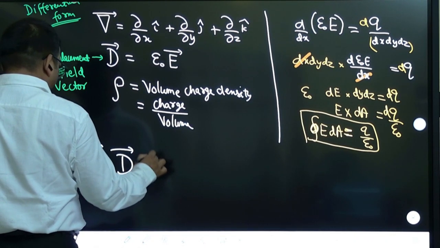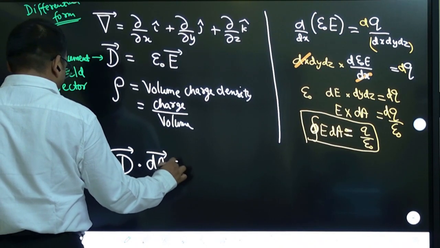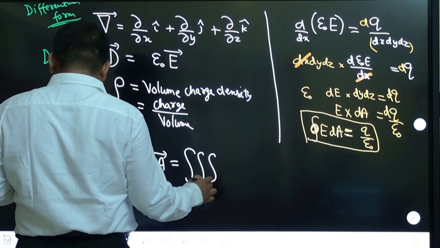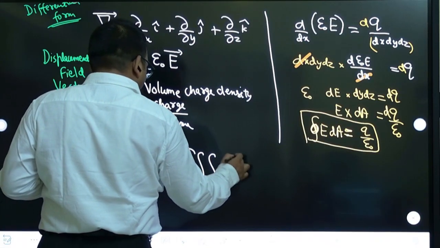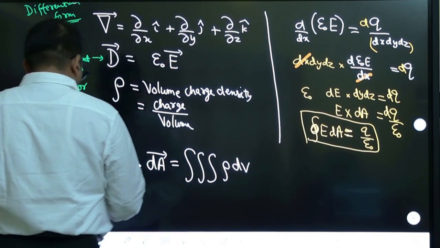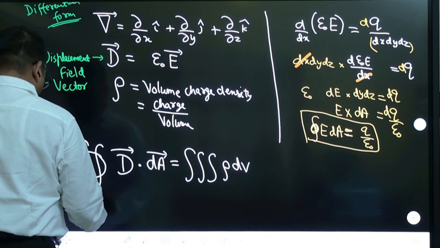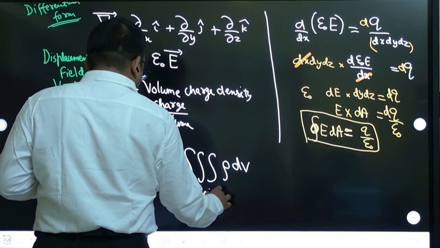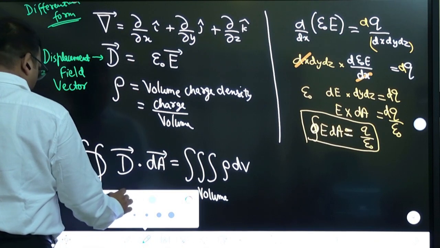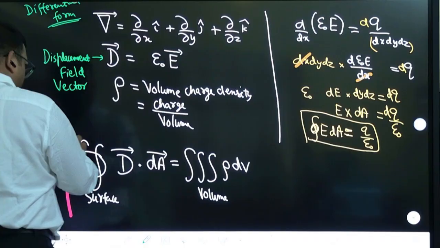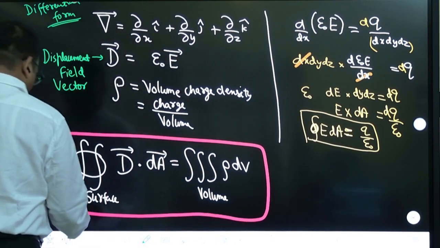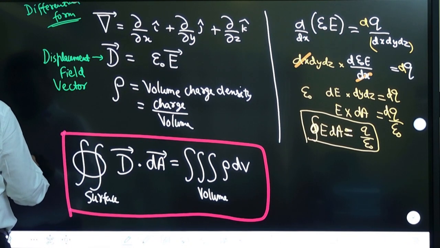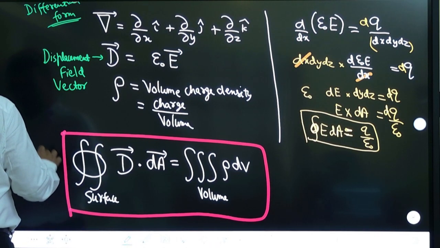Closed surface integral of D dot dA vector is equal to triple integral of rho dV. This is over a surface, and this is over a volume. So this form is also the same Gauss law in electricity, but in integral form.